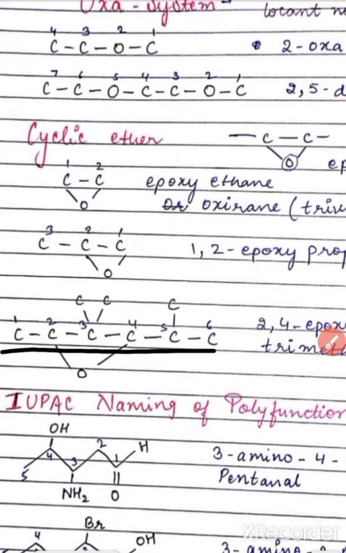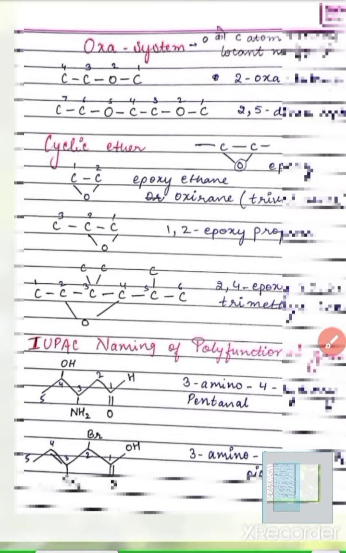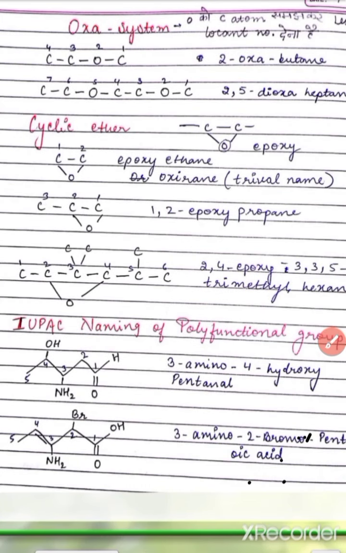So let's name the compound. At second and fourth positions we have the epoxy group, so 2,4-epoxy. Then at third and fifth positions we have methyl groups, so 3,3,5-trimethyl. The carbon chain is of 6 carbons, so hexane.